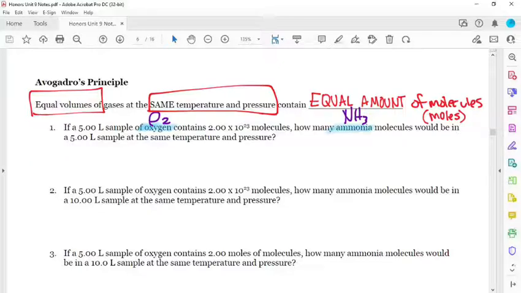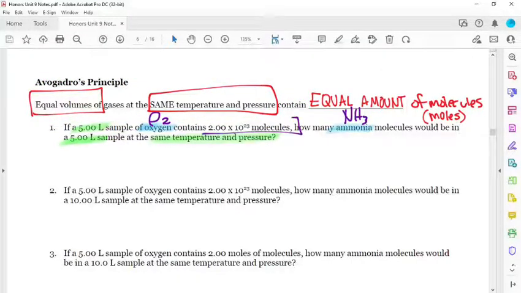And in this first example, it tells us, like we already saw, we have two completely different gases, oxygen and ammonia, but I have the same volume containers, and they are evidently at the same temperature and pressure. So we have met all of the conditions that Mr. Avogadro's principle was set up for.